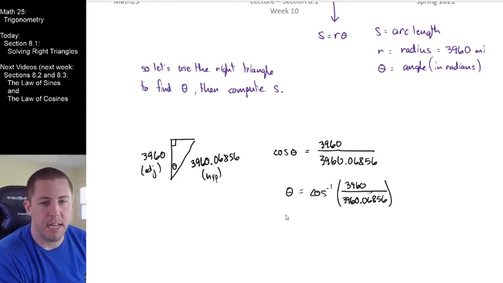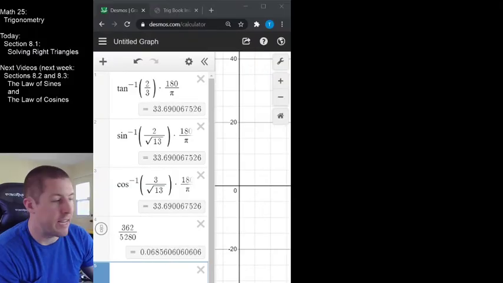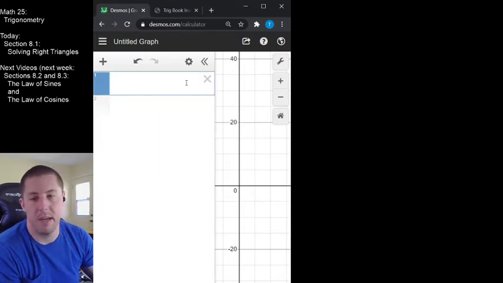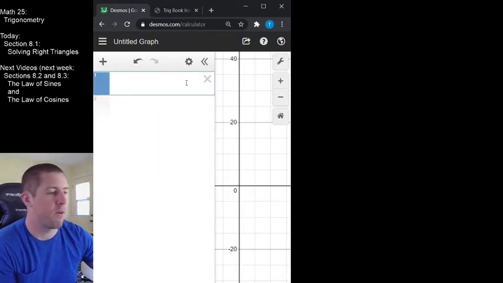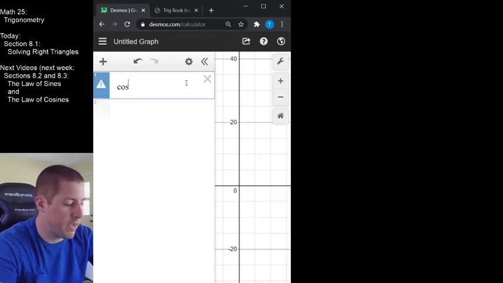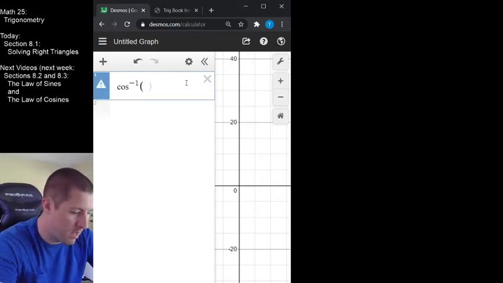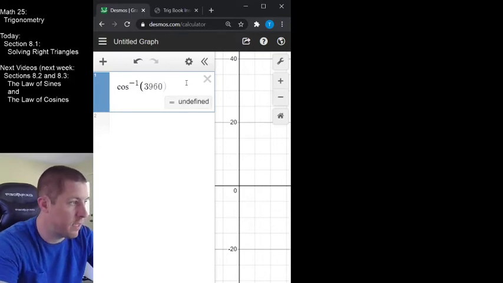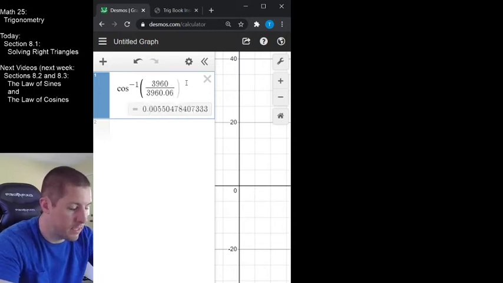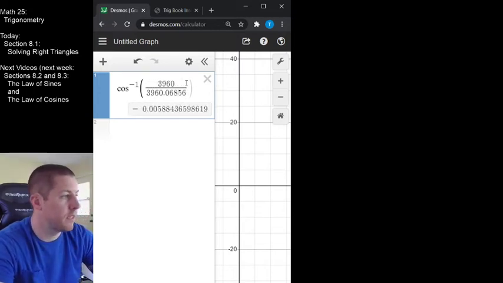So I'm going to pop over to Desmos now and do this calculation. I'm knowing that Desmos is always giving me radians as my outputs, and that's perfect for me here because I need radians for the formula that we're about to use. So I'm going to do my cosine inverse of 3960 divided by 3960.06856.